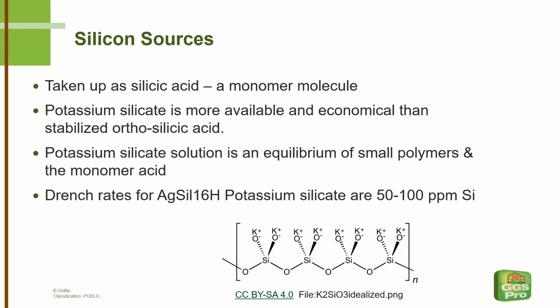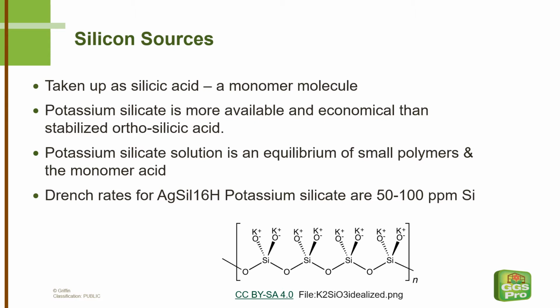I want to spend just a minute on the sources of silicon. Silicon is the element, and it is taken up as silicic acid, a monomer molecule. Potassium silicate is much more available and economic than stabilized orthosilicic acid, and silicic acid has to be stabilized to remain as the monomer.